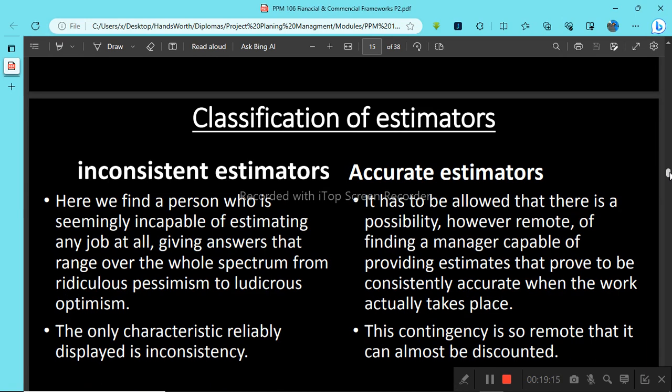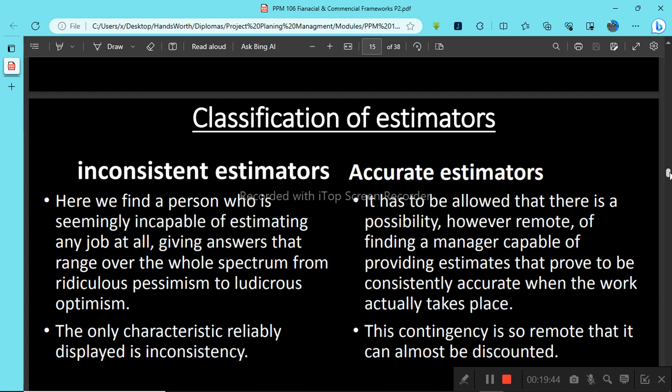Then we have the other classification of estimation, which is known as the inconsistent estimator. Here we find a person who is seemingly incapable of estimating any job at all, giving answers that range over the whole spectrum from ridiculous pessimism to ridiculous optimism.